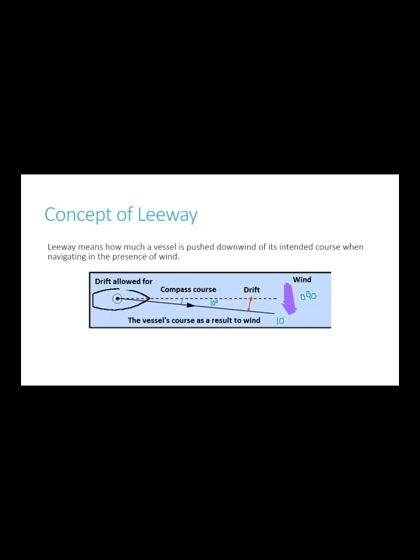Very good. The leeway track would be 100. Now important thing to remember is that the vessel's heading will always remain 090. The vessel's heading is not going to change to 100.